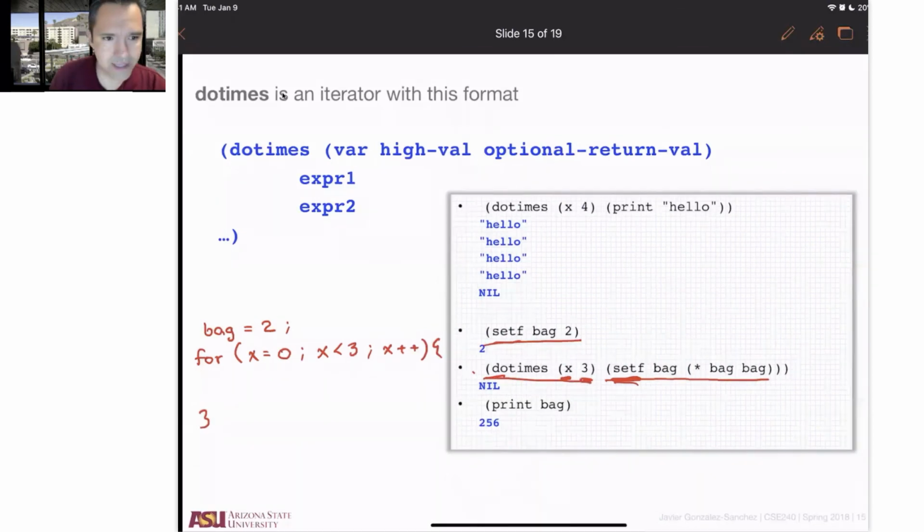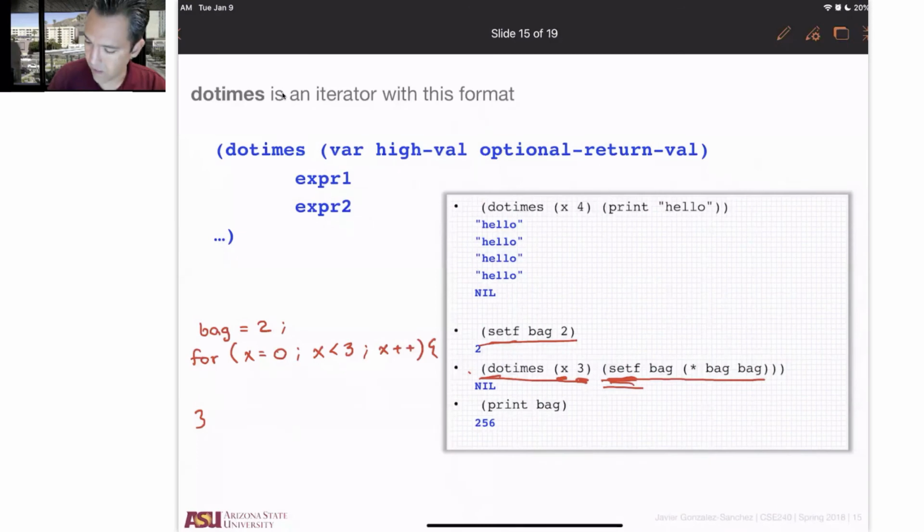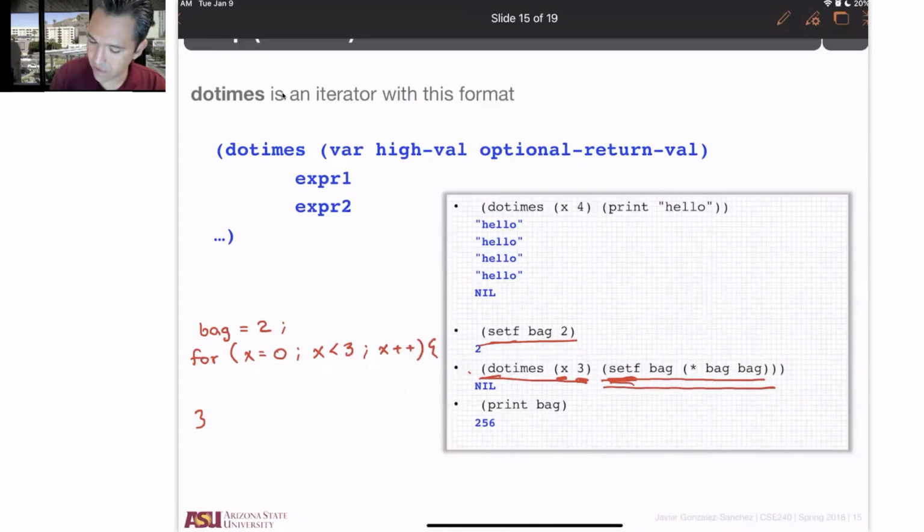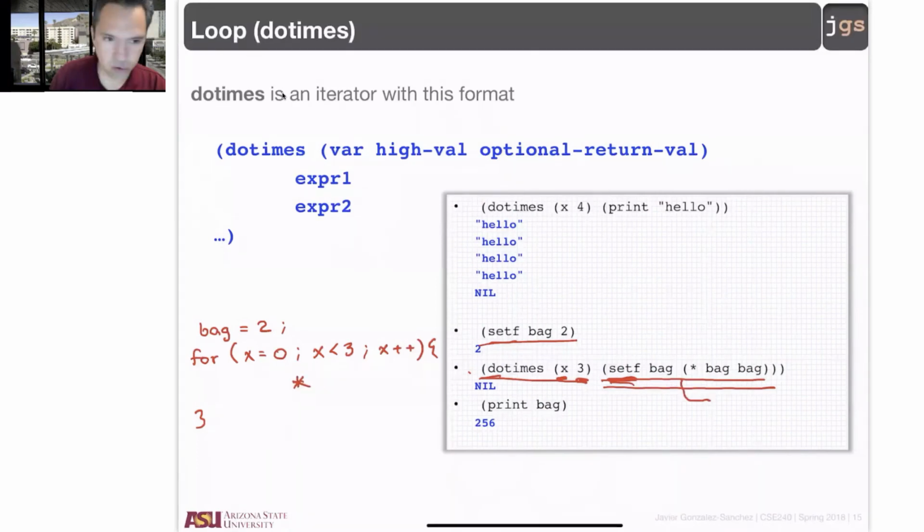Now, the instruction inside is, okay, there is a multiplication. It's the first thing that is going to happen because it's inside parentheses. And it's a multiplication of bag, this part. And then that one is inside of this setf. And it is the second parameter. What is the first one? The same variable. And that is what I want to do.